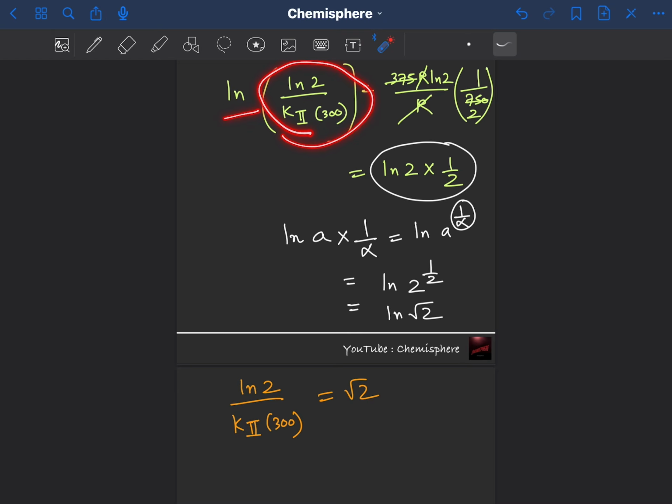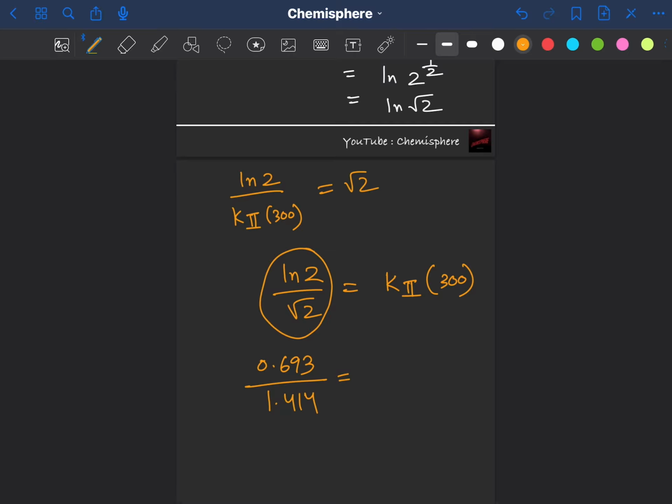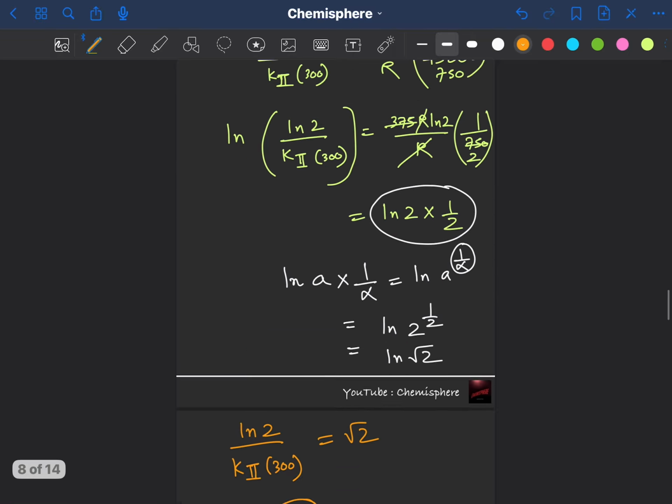ln2 is 0.693 and root 2 is 1.414. When we do this calculation, we approximately get 0.49, right? Now in the question, they have asked for the answer with respect to 10 to the power minus 1. We got it as 0.49.